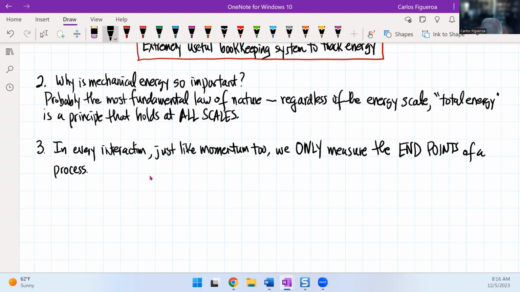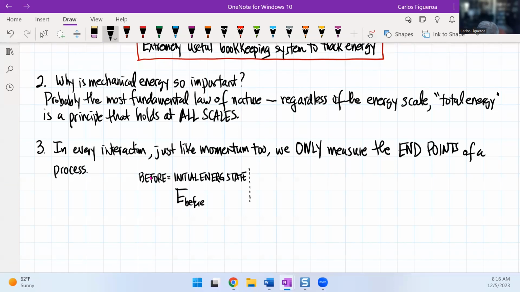In other words, if I have a before, which typically means that's our initial energy state, then this energy of before is what we measure.